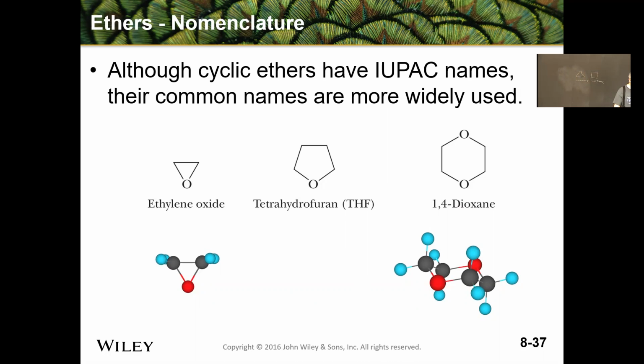Tetrahydrofuran, or THF, also has an IUPAC name, but almost no one uses that name. The common name is THF. That's what it's known as commercially and also in the chemical literature.